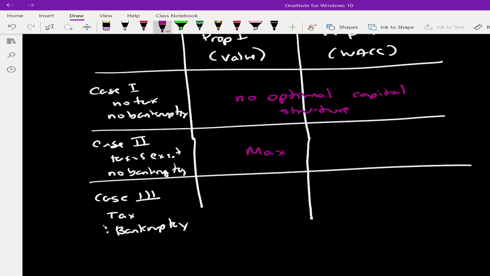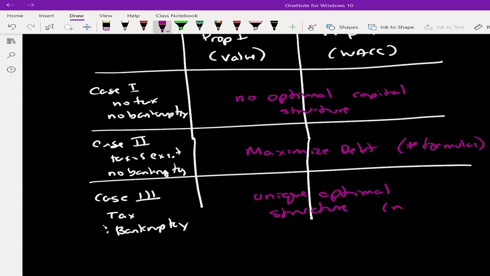In case 2, you want to maximize debt, and I'll put an asterisk here that there are formulas for this one. And in case 3, you have a unique optimal capital structure. Since it's unique to each company, essentially there's no formula for calculating this one.